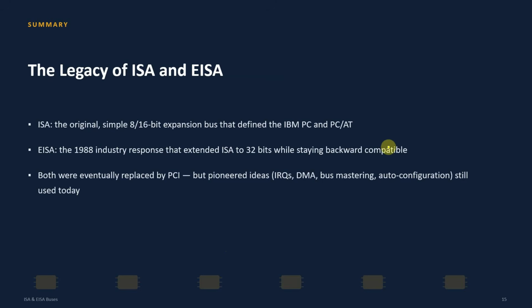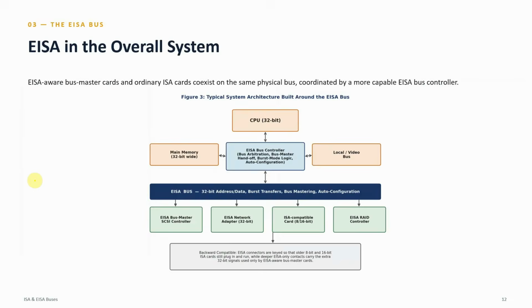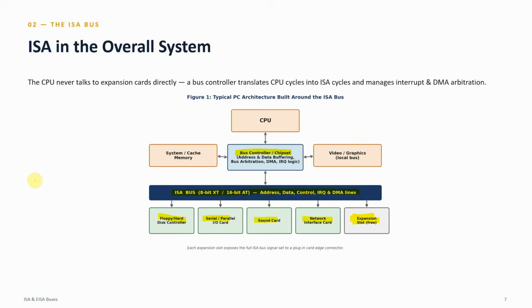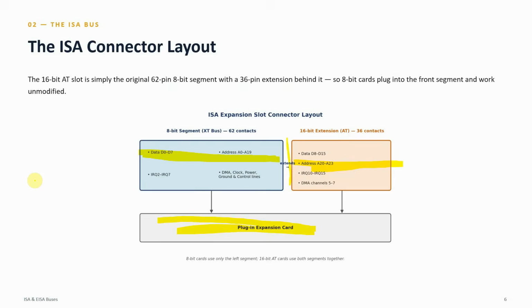These two, ISA as well as EISA, were replaced by PCI. But PCI also uses the ideas which were implemented in ISA and EISA, and those ideas are still used today. That's the reason we first need to understand ISA and EISA. This is the introduction to what we mean by ISA and EISA, and these are the brief insights. So that's about this particular session.